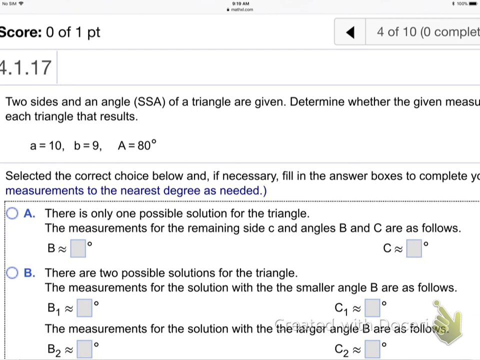See if you can find capital B. So start off by finding capital B. Give you a second to do that. Then I'll jump in.